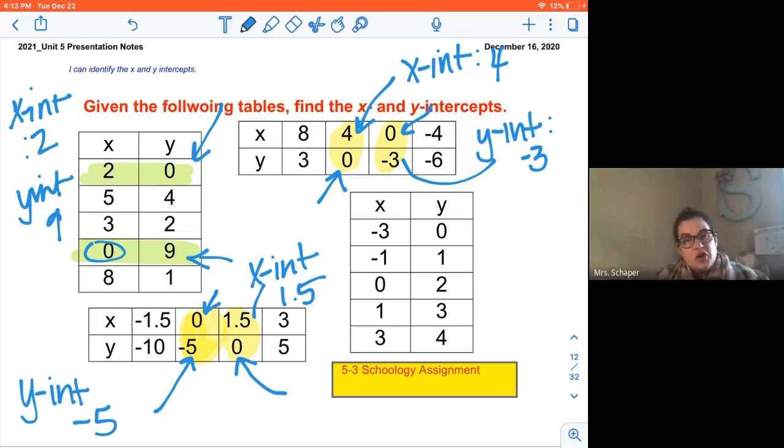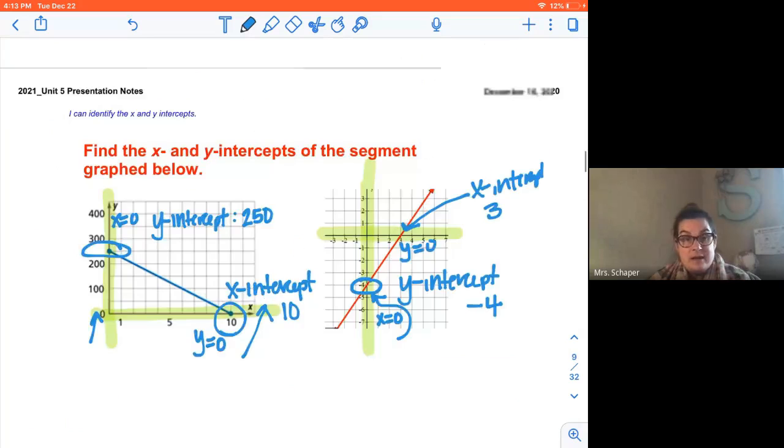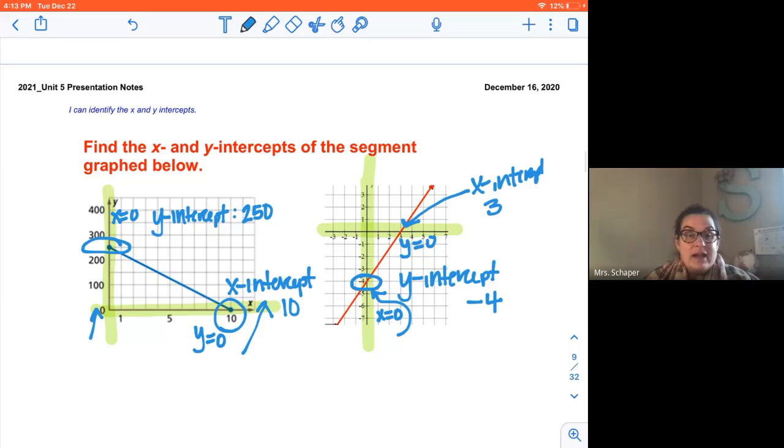So your first step when looking at a table to see where it is going to cross the x and the y axis is to find your zeros. Because when you're finding the x-intercept, the y value is 0. Or when you're finding the y-intercept, the x value is 0.